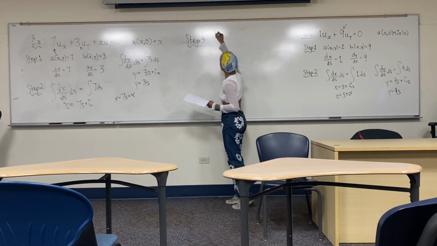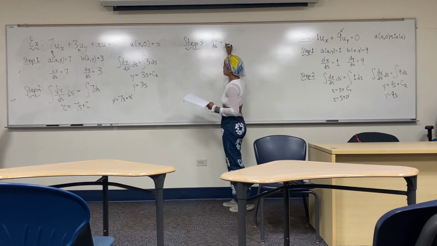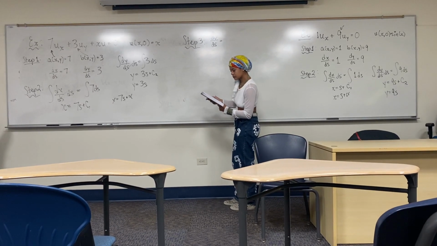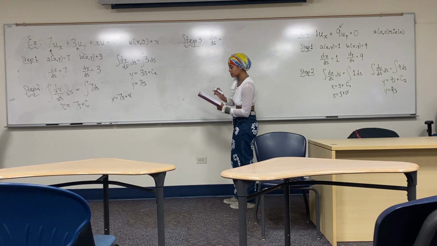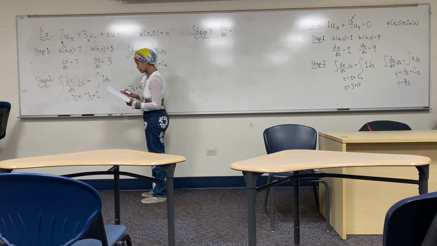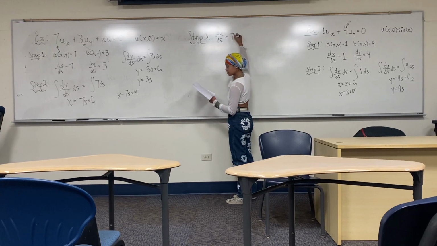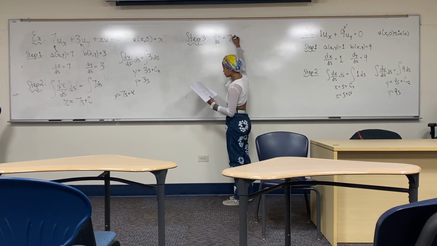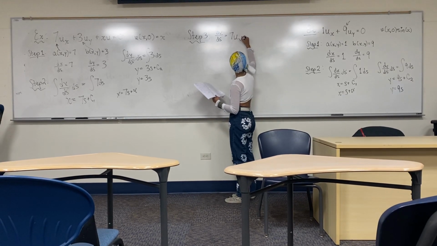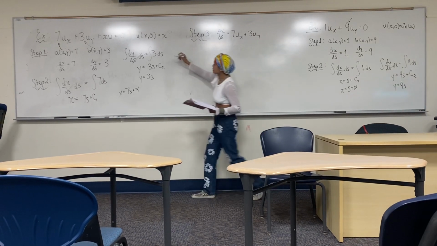Okay, so we know that the derivative of v with respect to s equals these things we found. However, what we also need to take into consideration is the 7u_x plus 3u_y, and we need to take into account here.